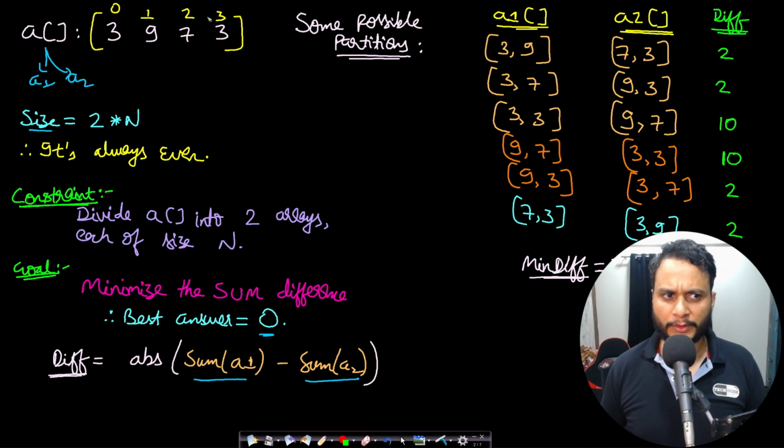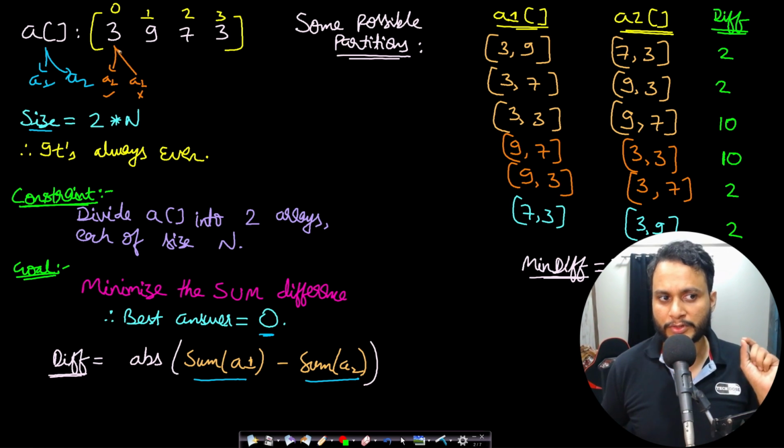Okay. Now just to show you an example, let's consider 3, 9, 7, 3, and then from there, if we partition it equally into two parts, array A1 and array A2, then in how many ways can we possibly do it? Now if you can imagine, each of the items will have two choices. Either they will be included into A1 or they will not be included into A1.